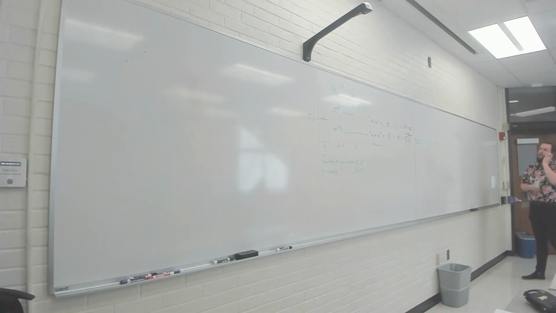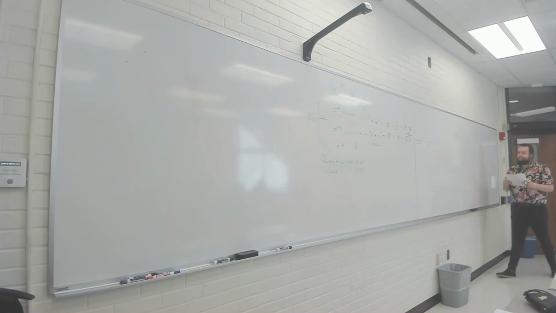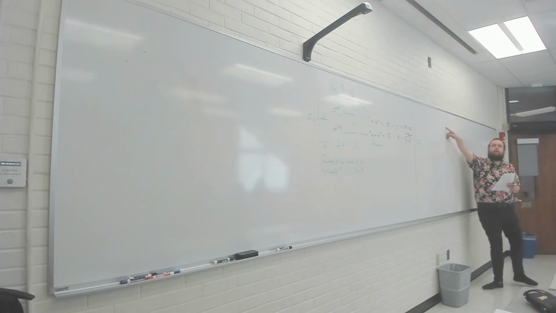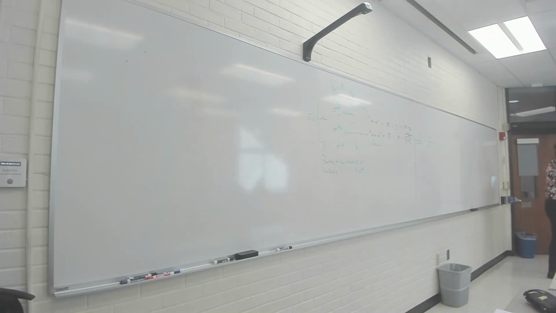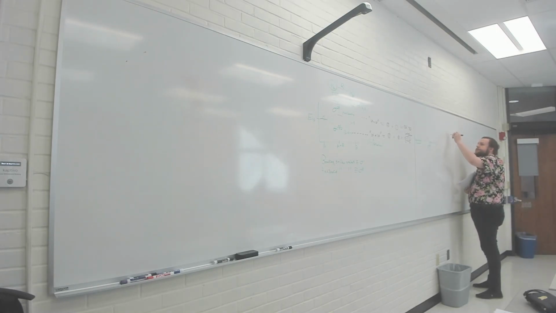Okay, so let's start with nitrogen first, and then we'll move to oxygen. What atomic orbitals do we have in nitrogen? Well, let's think about nitrogen's electronic structure, or configuration. 1s2, 2s2, 2p3.